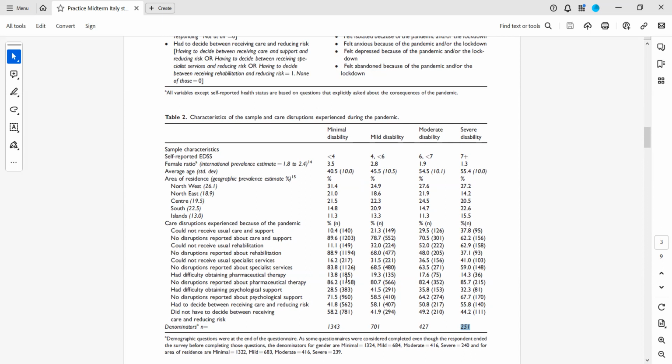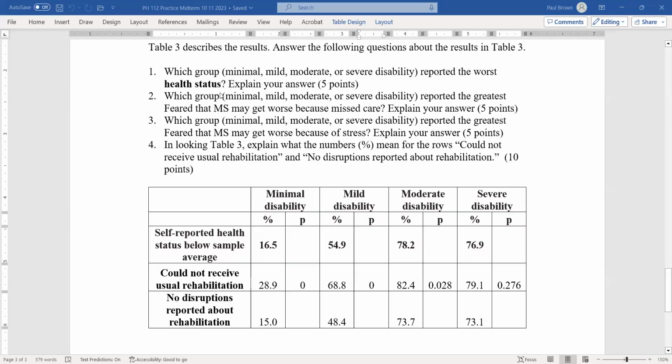So let's go back to the questions now. So that's the first question. Second one, which group reported the greatest fear that MS would get worse because they miss care?